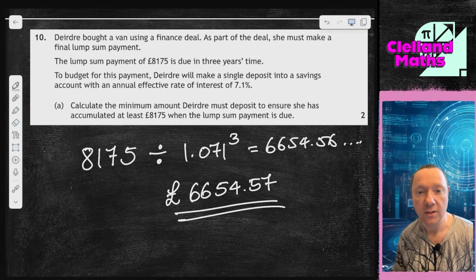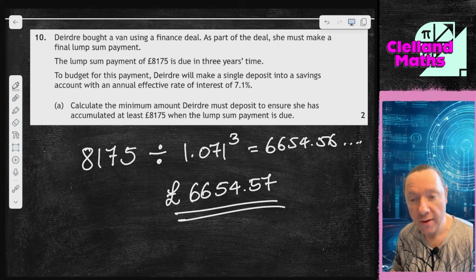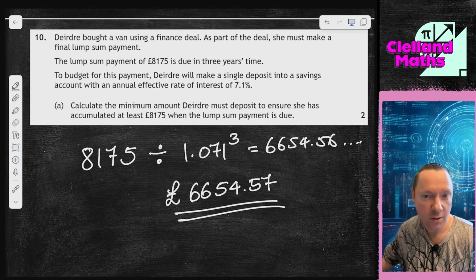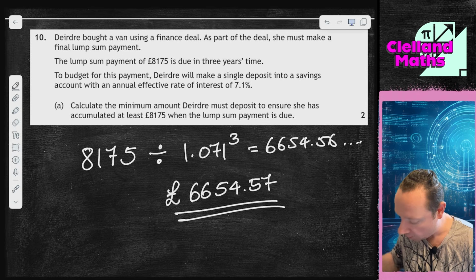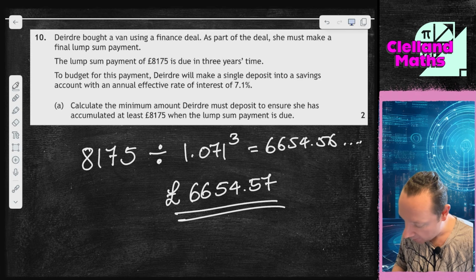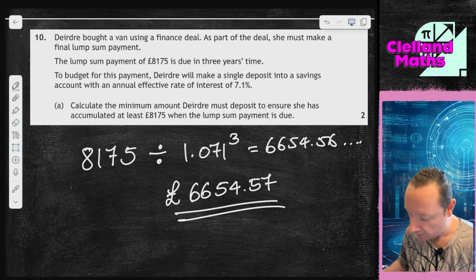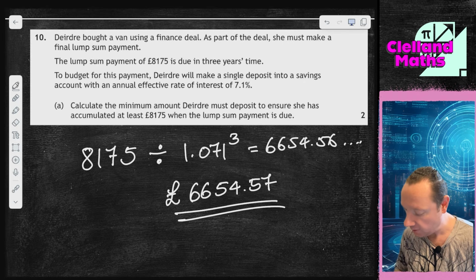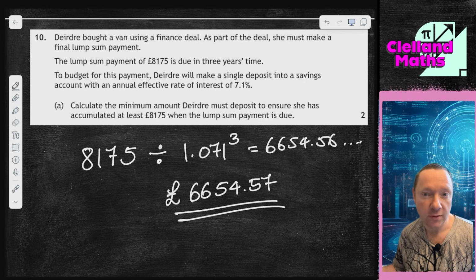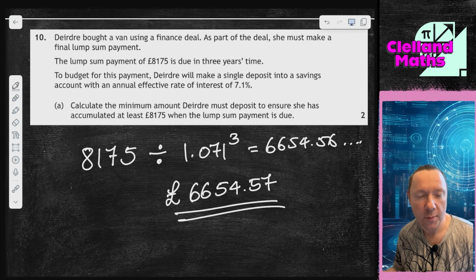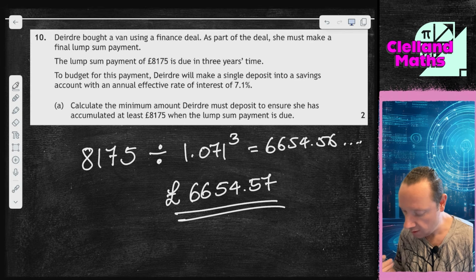But I think I'll get away with 5, 6. You never know. So really the minimum amount she has to ensure to accumulate at least 8175 must be 6654.57. But I think 5, 6 should really be fine, because it rounds up to 8175.